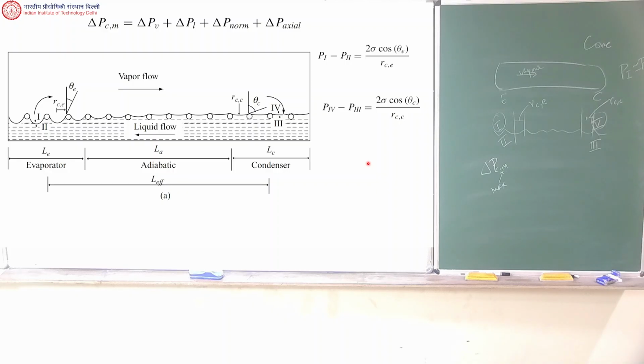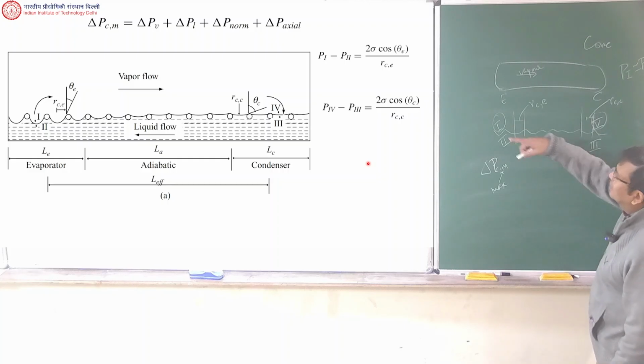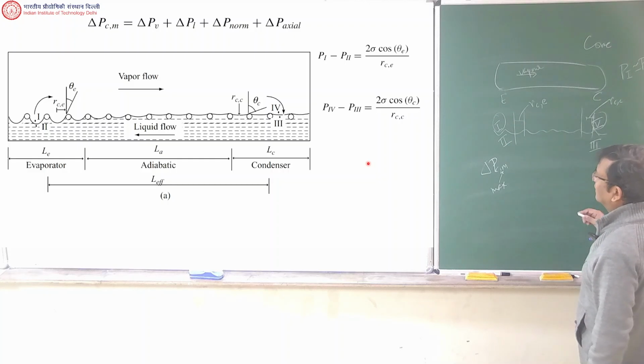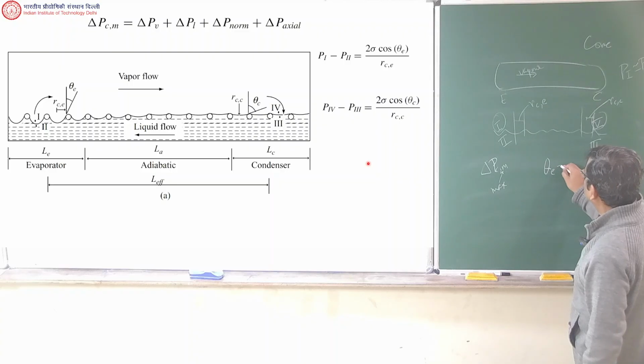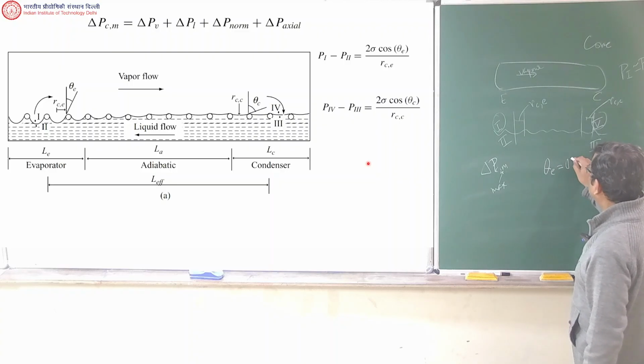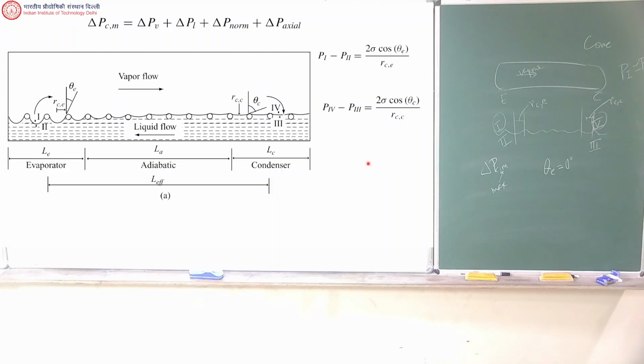If you look at these two equations, we'll say theta E is 0 to generate the maximum pressure drop, isn't it? Theta E 0 will help, correct? Because then we'll get cos theta E equal to 1.